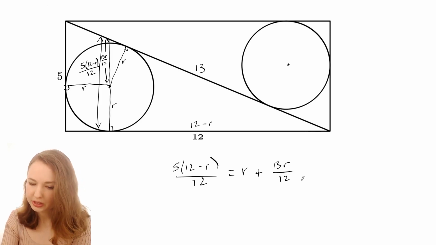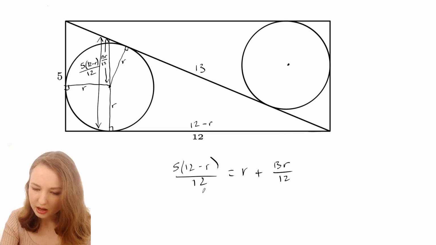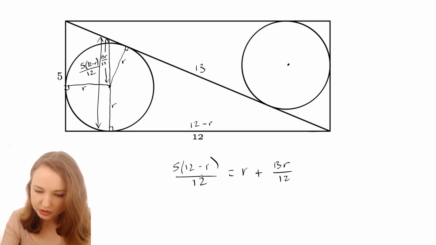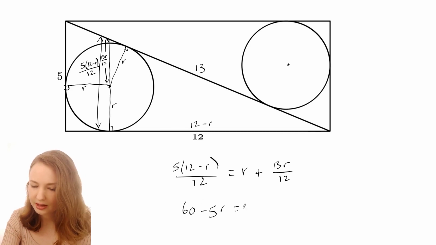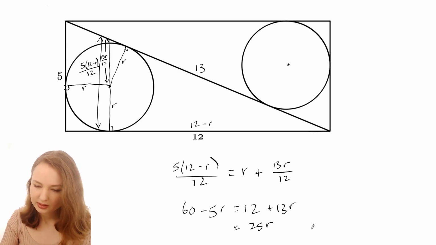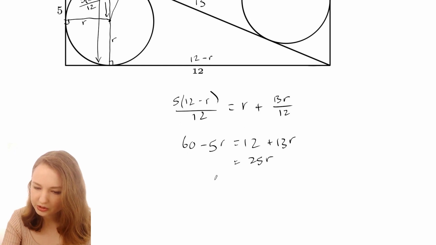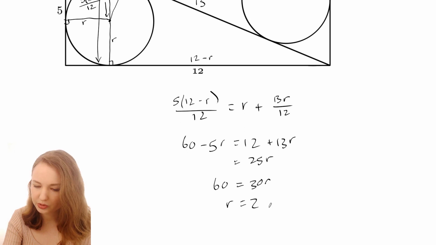So let's multiply both sides by 12, so that'll get rid of the denominator there, and let's expand that. So that's 60 minus 5r, and 12r plus 13r, so that's 25r. And then move that across, so we've got 60 equals 30r and r equals 2.